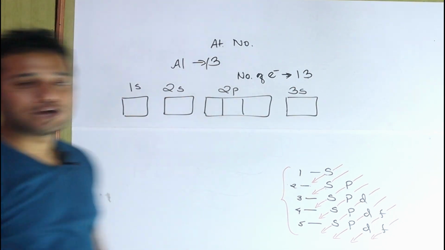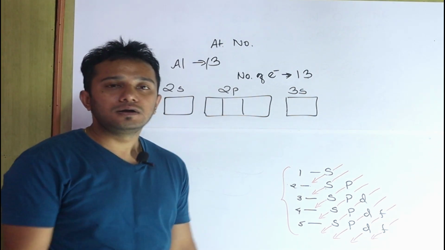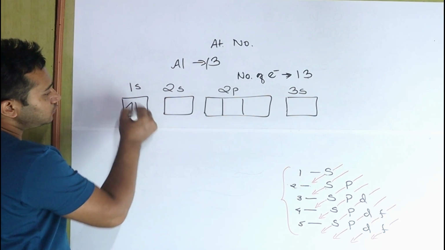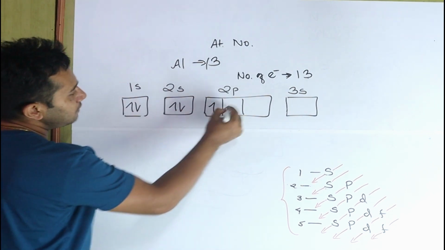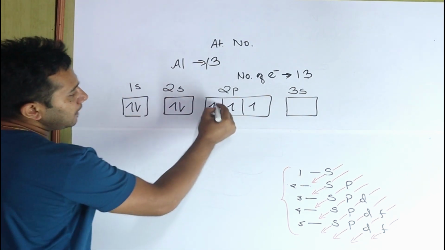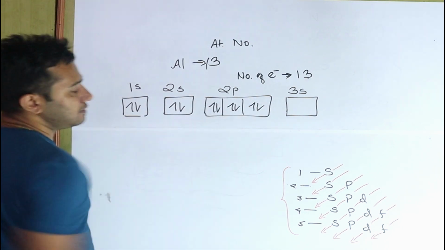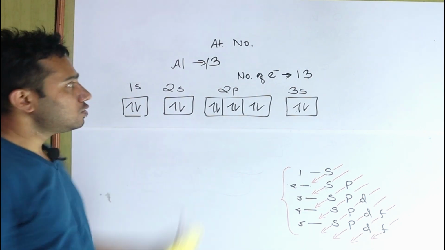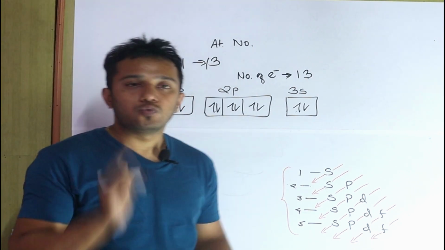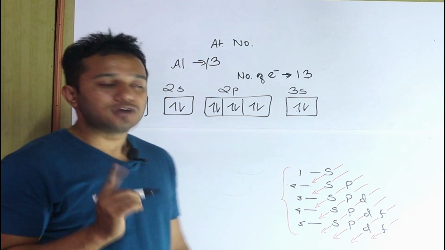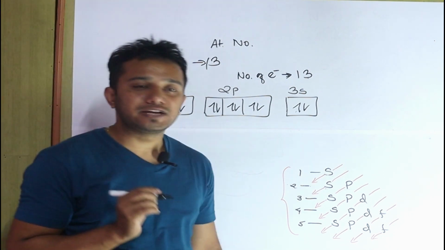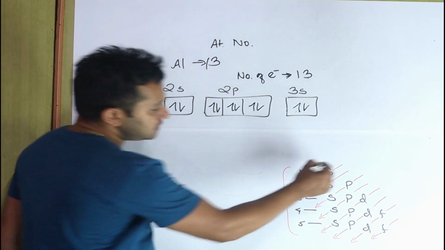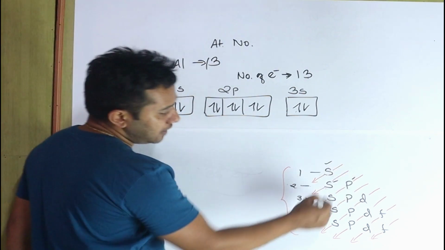So aluminium atomic number is 13, and there are 13 electrons. So we'll start filling the 13 electrons again. So 1, 2, 3, 4, 5, 6, 7, 8, 9, 10, 11, 12. So now we have filled 12 electrons. One more electron is left. So now we'll see in which orbital the last electron will enter. So this is done, this is done, this is done, and this is done.